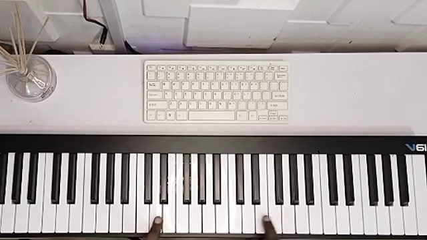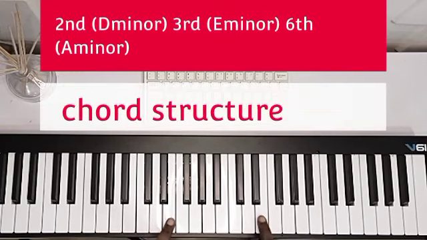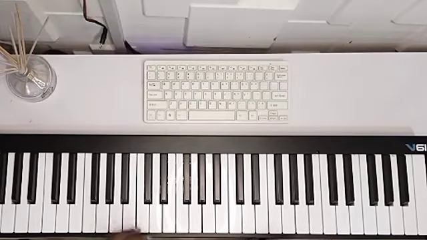So today we're looking at 2, 3, and 6. These are the minor notes. 2, D, 3, E, and then 6, A. So we're looking at the corresponding chords for each of these.